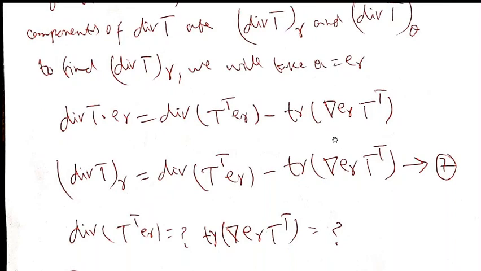So to get this component of divergence, we will have to calculate two things on the right side of equation number 7. One is the divergence of this, second is the trace of this. Let us first calculate the divergence of this.